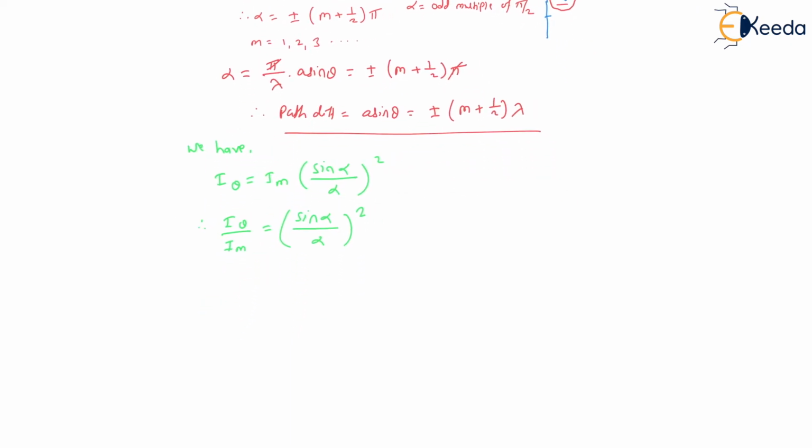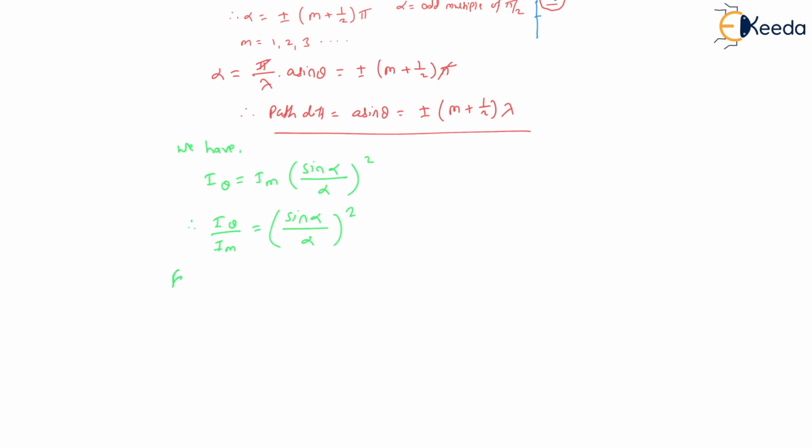Now we have to find this for secondary maxima, where the values of alpha are plus minus (m plus 1 by 2) into pi.